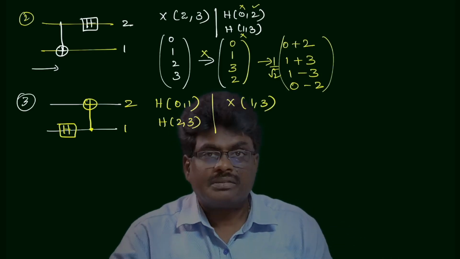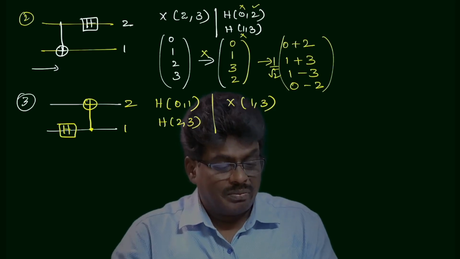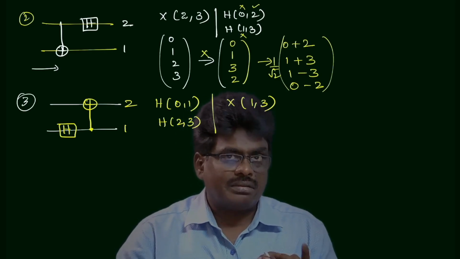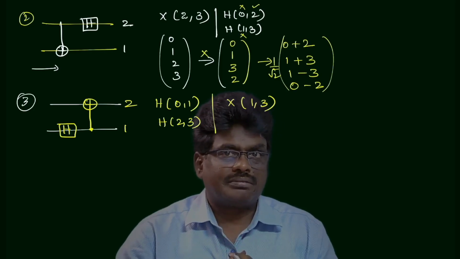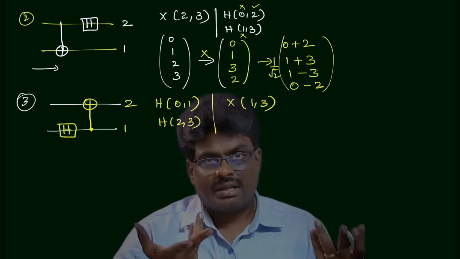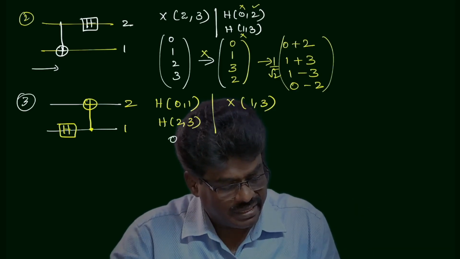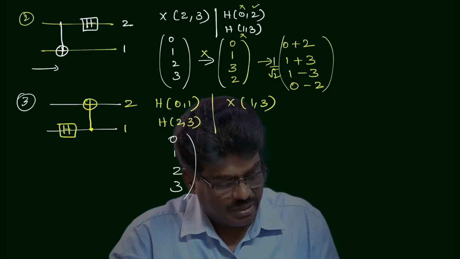That's it, right? So whenever Hadamard is there, it's better to take 0 to first, otherwise you can take all the things at a time. Let us see, because you already understand.